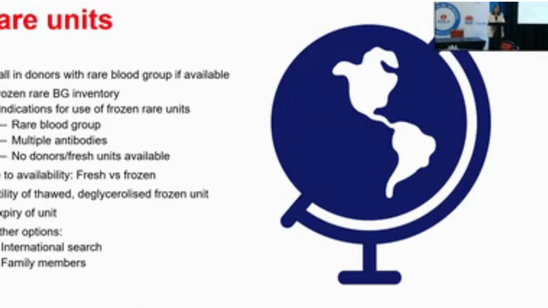The other option we have is our frozen red cell inventory. We freeze red cells by adding glycerol, and then they can be stored for a long period. We'll go through that in a moment. That is for rare blood groups, or for patients who have a lot of antibodies, where you can't find a unit that matches the whole antibody mix for one patient.